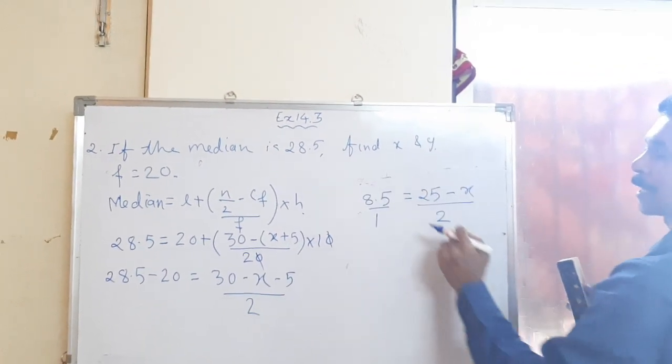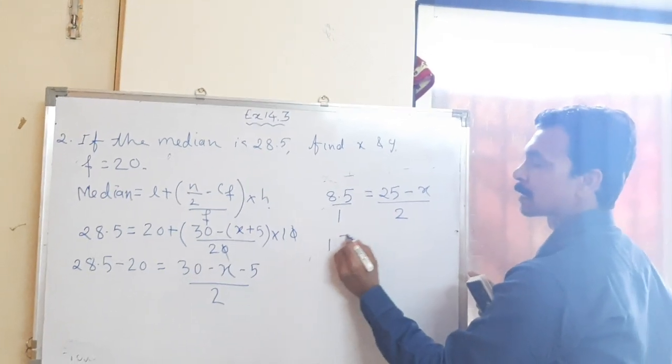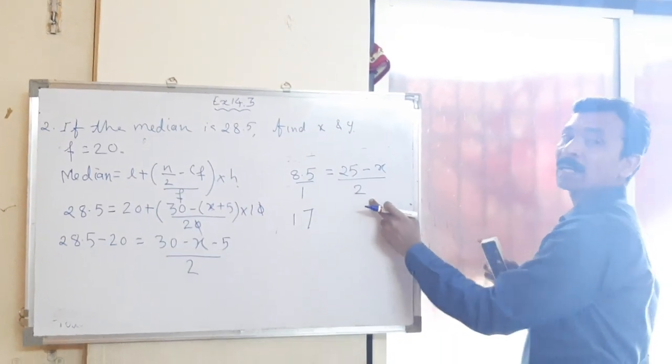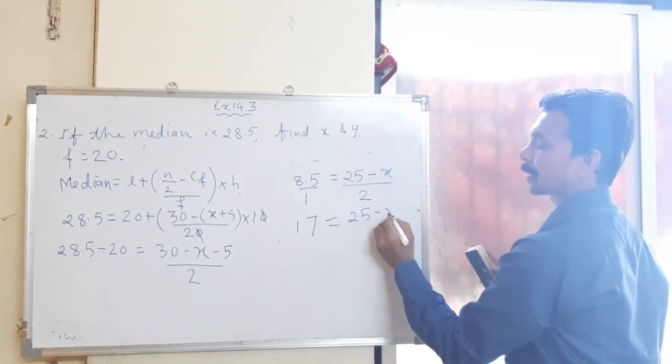Do the cross multiplication. 8.5 into 2 is 17, equal to 25 minus x.